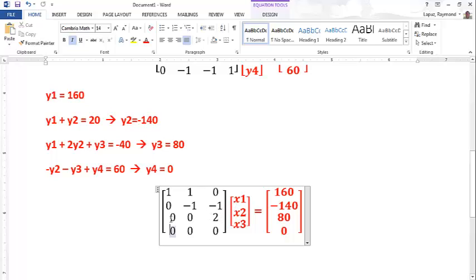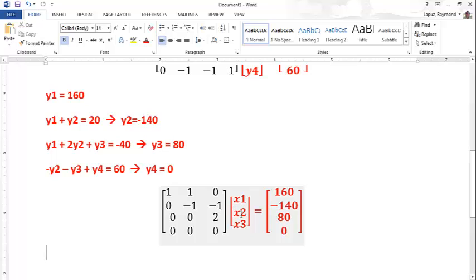We're going to start off with this third row and this column matrix. So that's a 0 times x1, 0 times x2, and then you get your x3, make that 2x3. And that's supposed to equal 80. So let's divide both sides, and I think we're going to get 40 for that one.